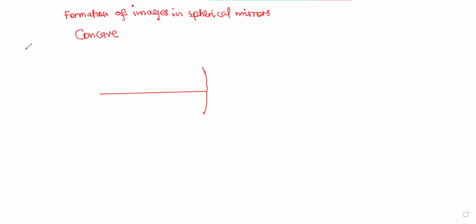Then you rule a vertical line behind it. The function of this vertical line is to cater for reflections that go beyond the aperture of the mirror.